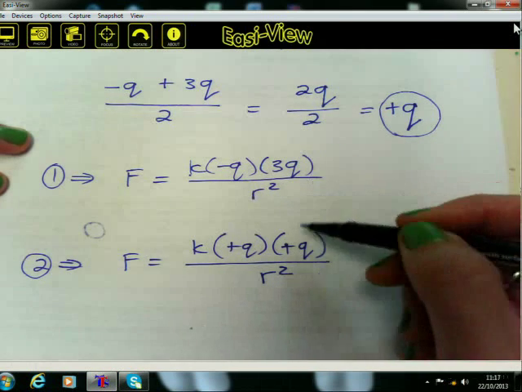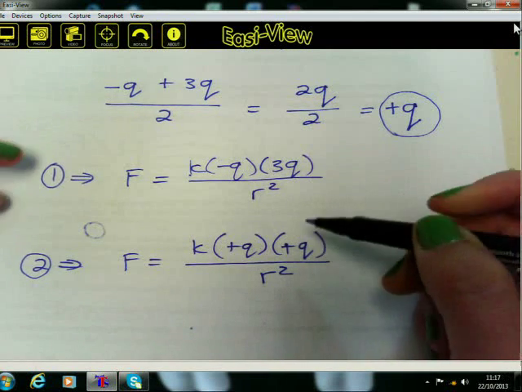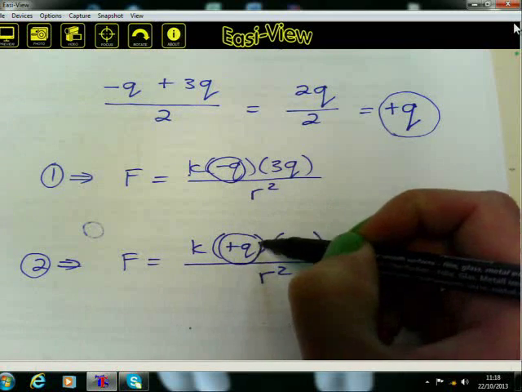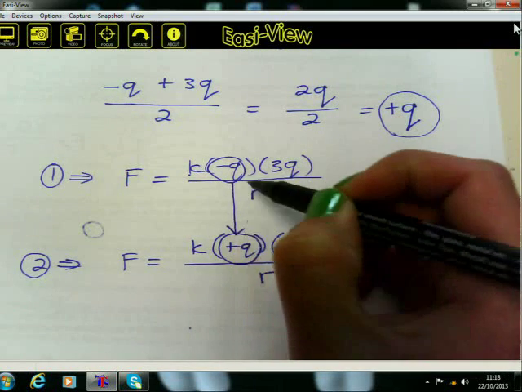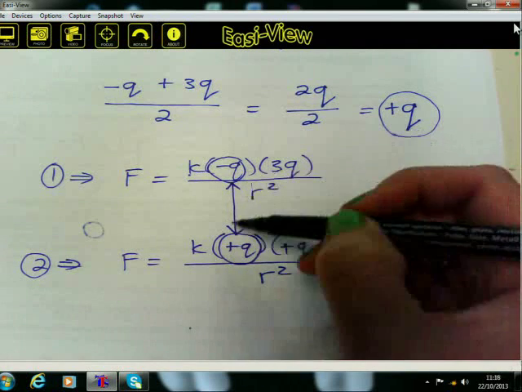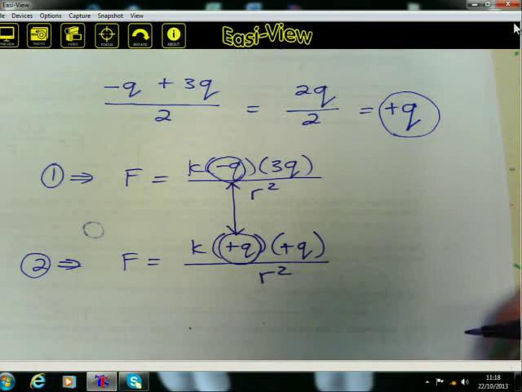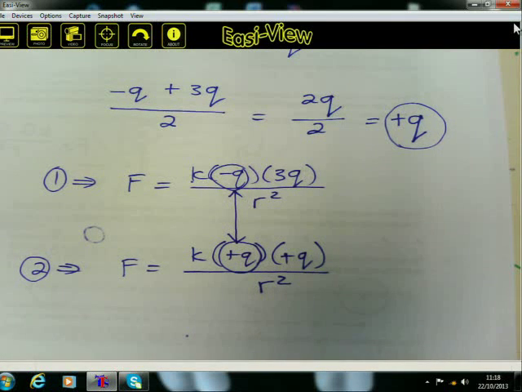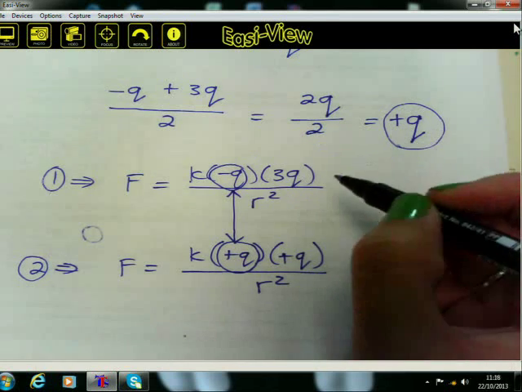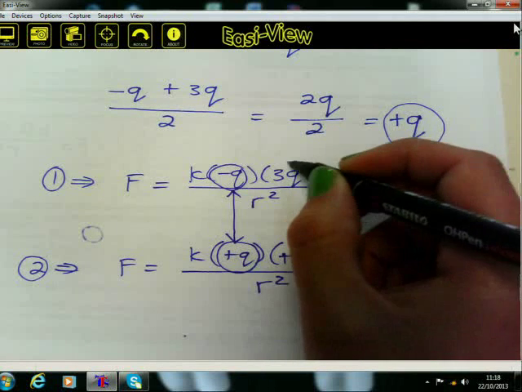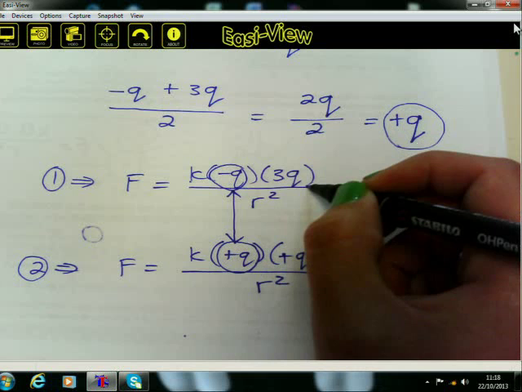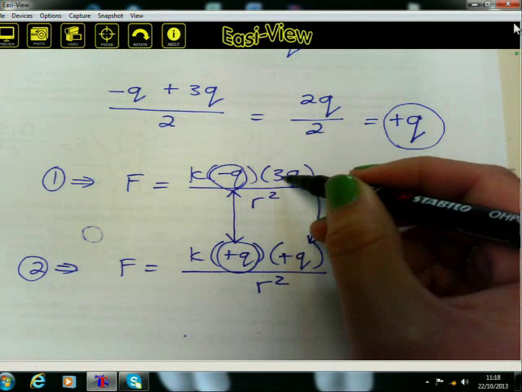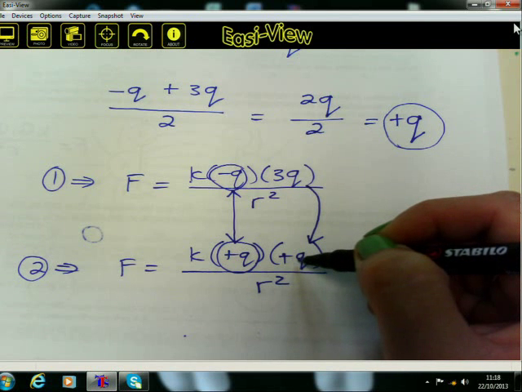So how will these two forces compare? What happened to the magnitude of the first charge? Do you guys see that the magnitude of the first charge stayed the same? This one was just negative and this one was positive, but they were both 1q. What happened to the magnitude of charge 2? Charge 2 previously was 3q, now it is 1q.